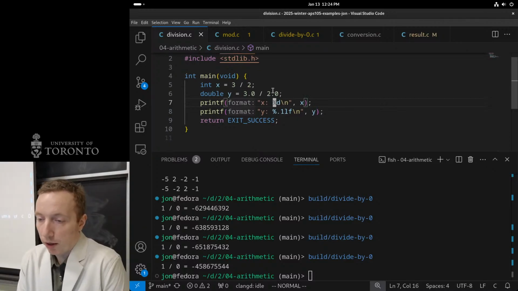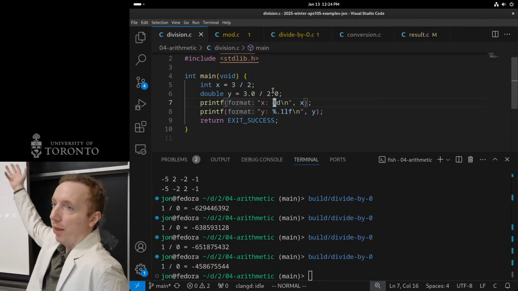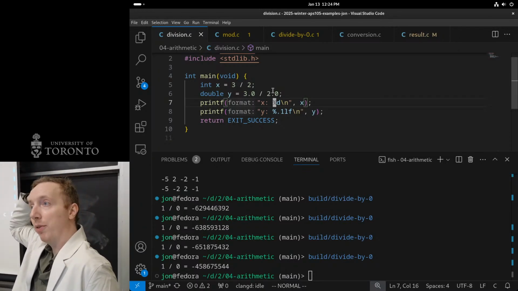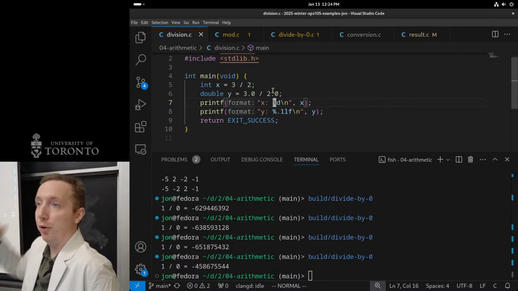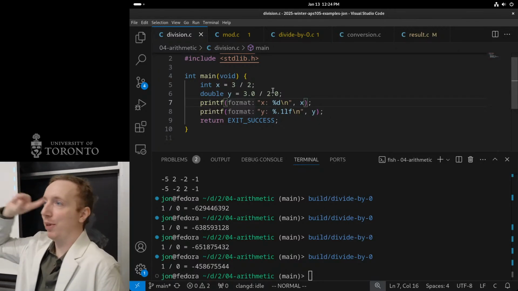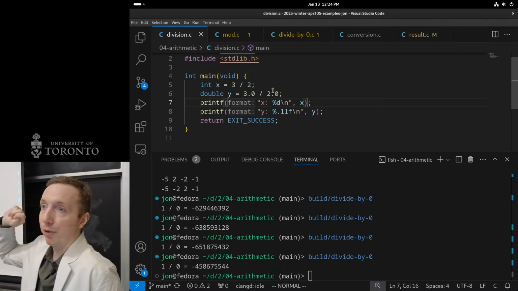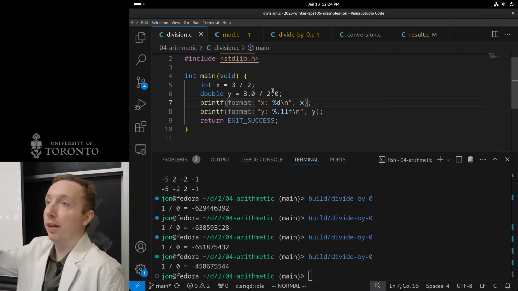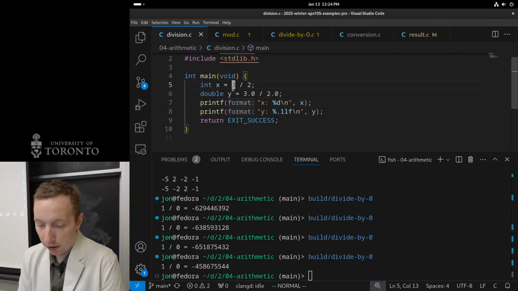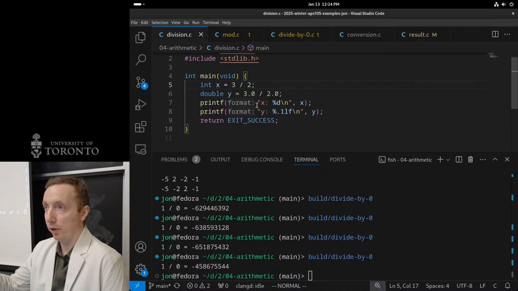So quick quiz. What is the line going to print with x? What's going to be the result of 3 divided by 2? Yeah, 1, right? The answer in real math is 1.5, but because those are all integers, it gets truncated. So 3 divided by 2 is actually going to be the integer 1.